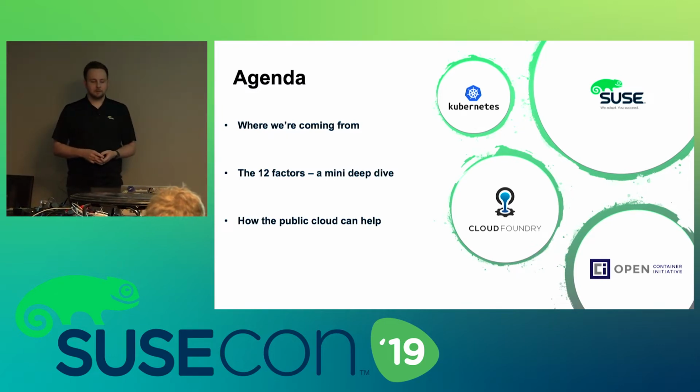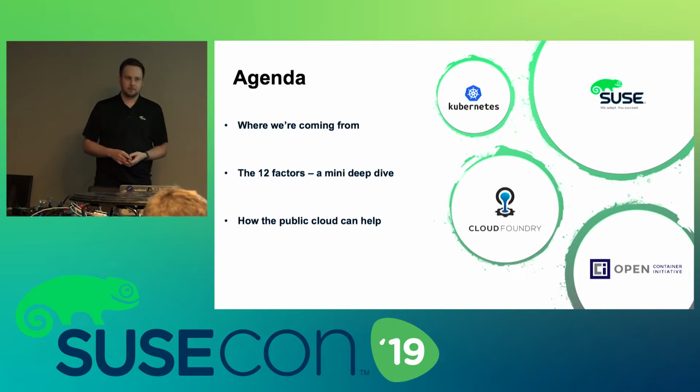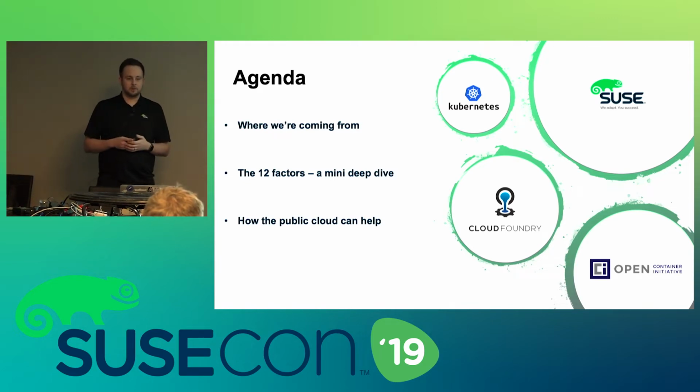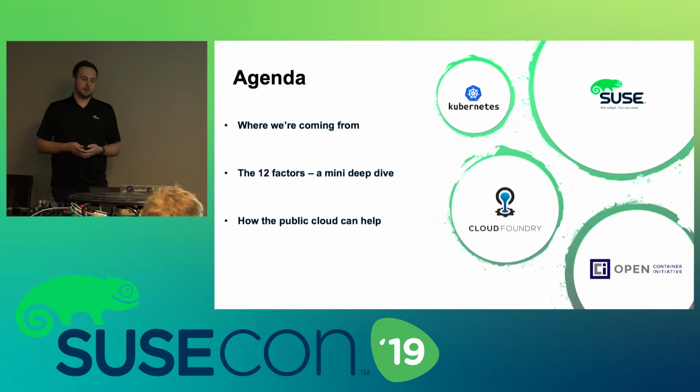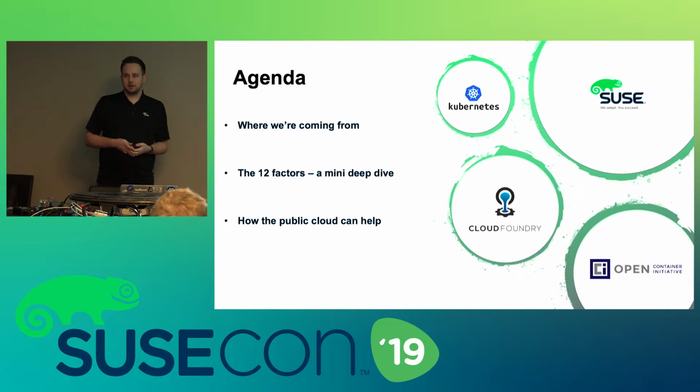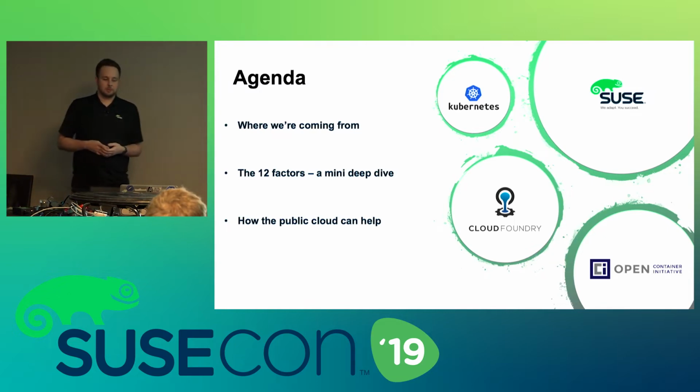If you've been in any similar sessions, you may have heard the phrase 12 factors so many times, but not actually come across them before. So we're going to literally just walk through each of the 12 factors. These are the common microservice design patterns that people talk about. And then Stephen's going to talk us through a little bit about how the public cloud can help us with some of this.